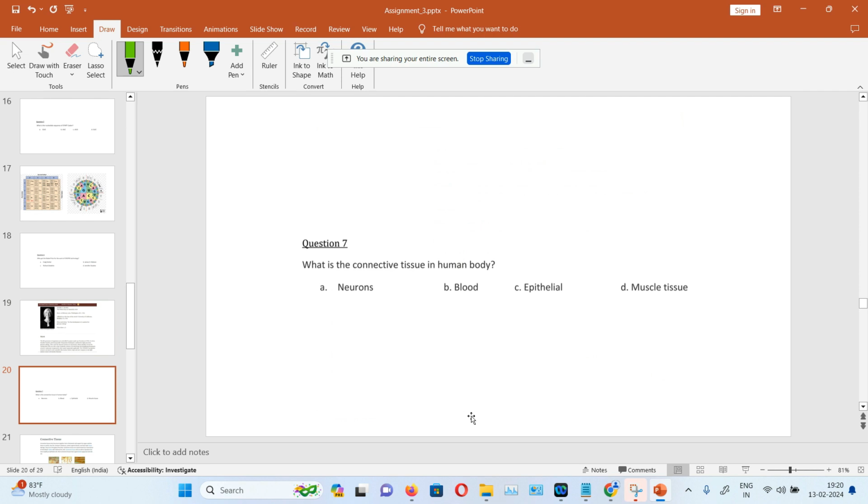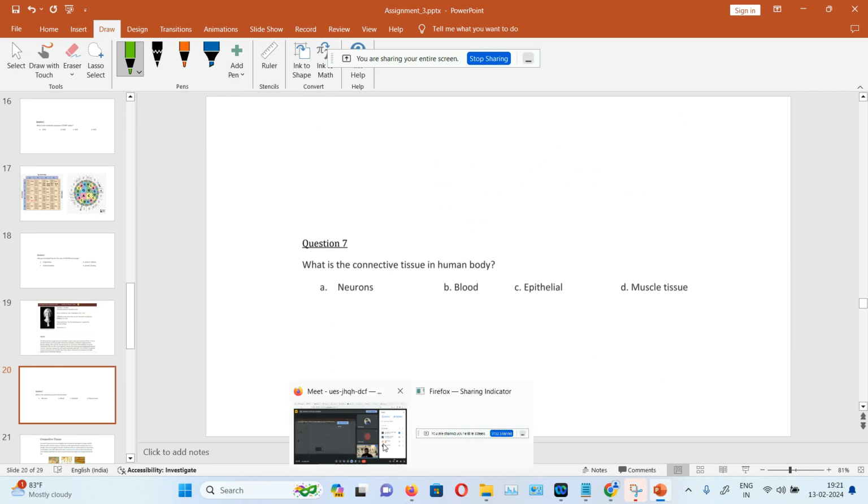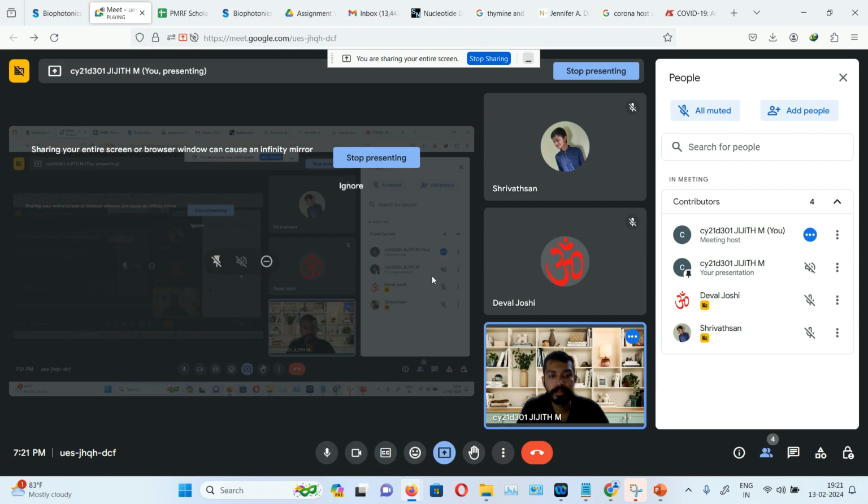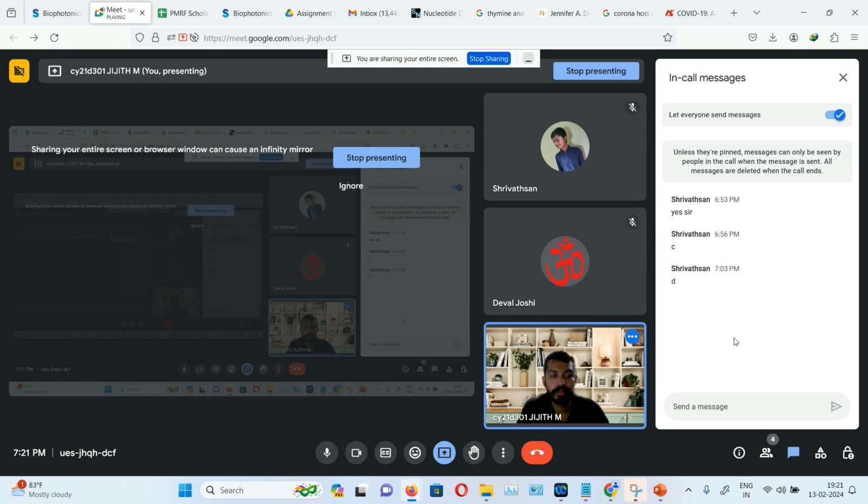This doesn't mean that it is the only connective tissue in the human body; it is the one among the given options. The question is: what is the connective tissue in the human body? You can see neurons are there, blood is there, epithelial cells are there, muscle tissue is there. So what is the answer? If you know the answer, you can type it in your chat box.